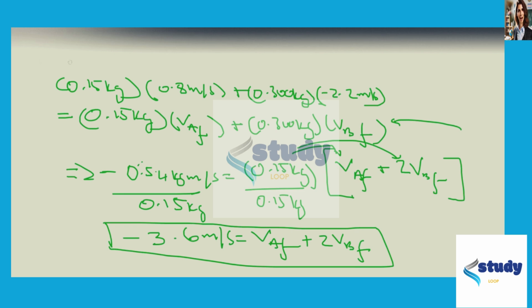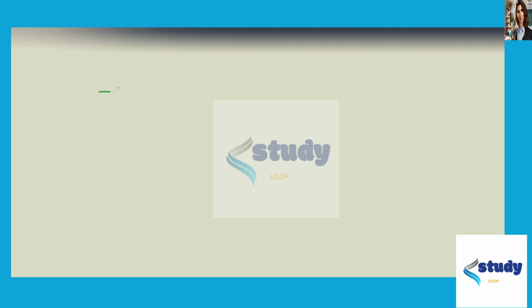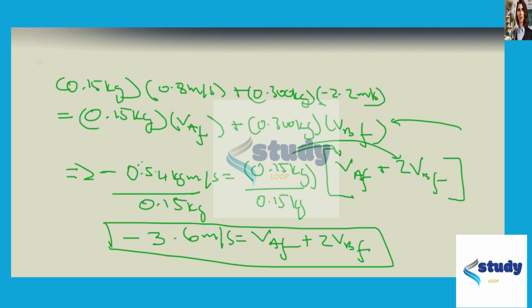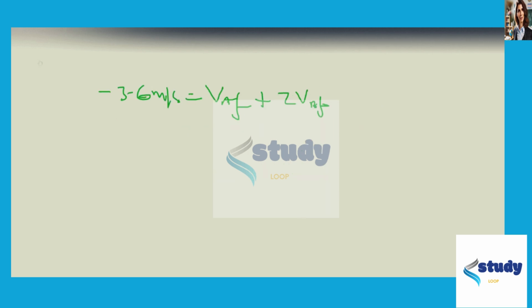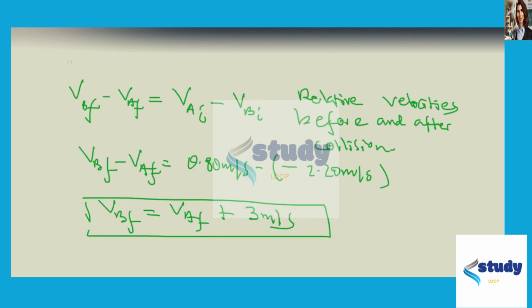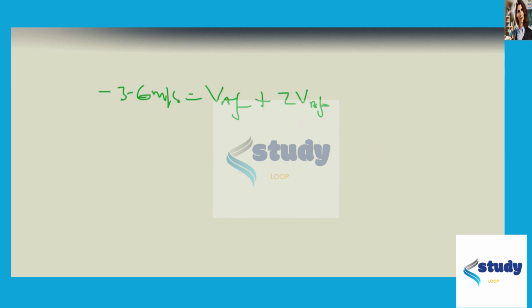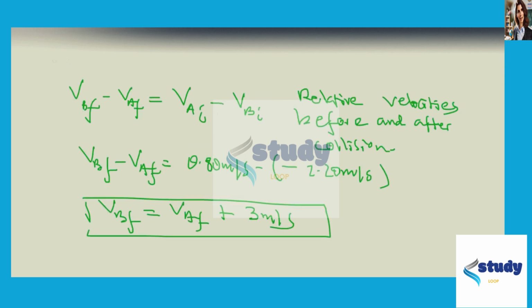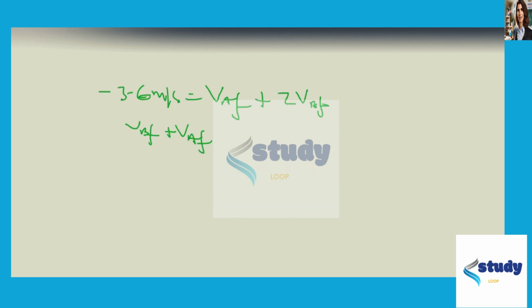On the next page, we can write both equations out. Negative 3.6 meters per second is the final velocity of A plus twice the final velocity of B. And in the second case, we have VB final equals VA final plus 3 meters per second.